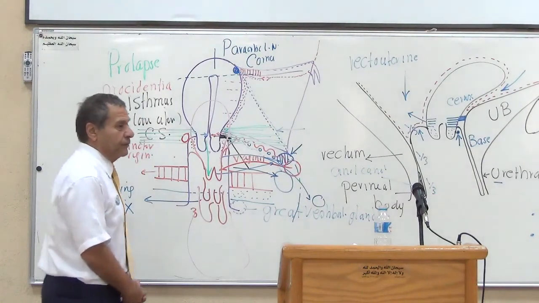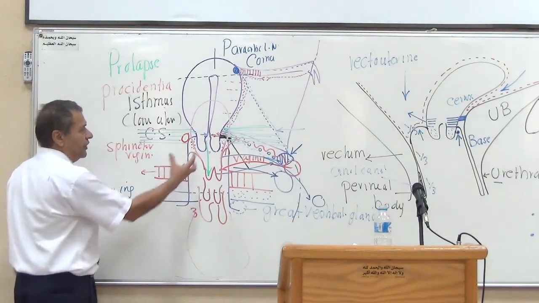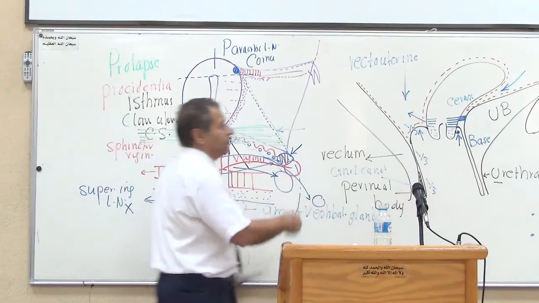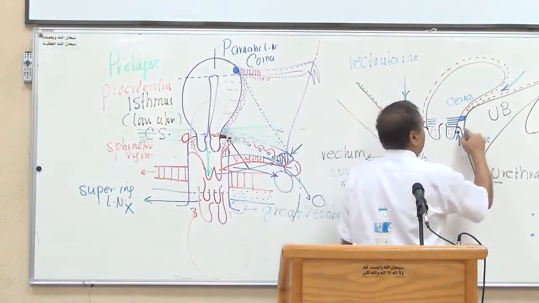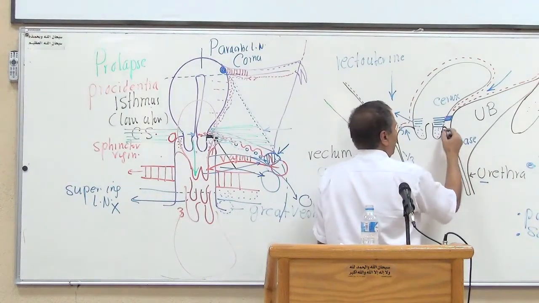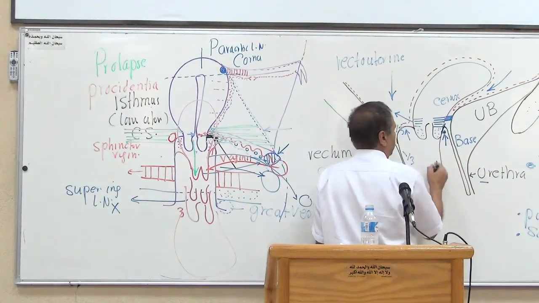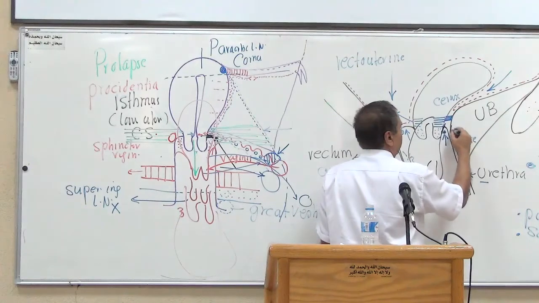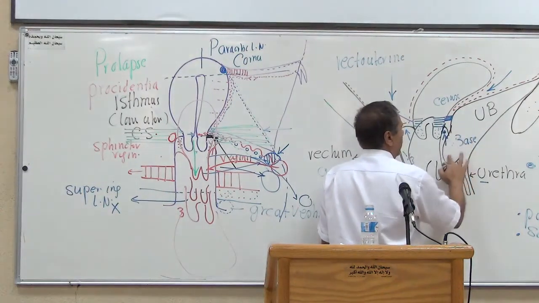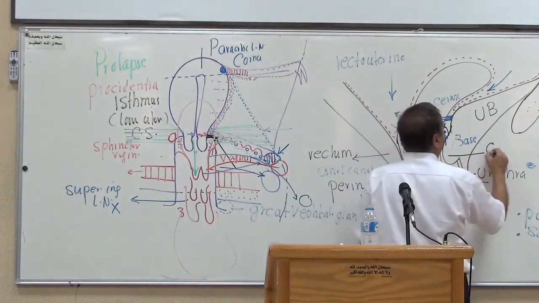During the descent of this cervix, it will push and take the vagina and the bladder, because the supravaginal part of the cervix is connected to the bladder. So when the uterus descends downward, it will take the bladder with it, forming a pouch inside the vagina. It's called cystocele.